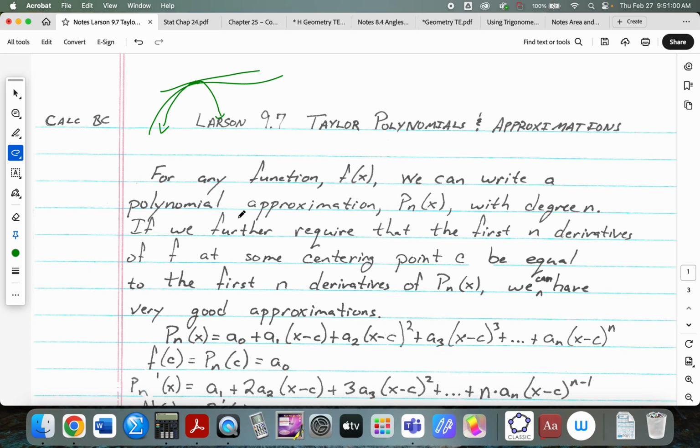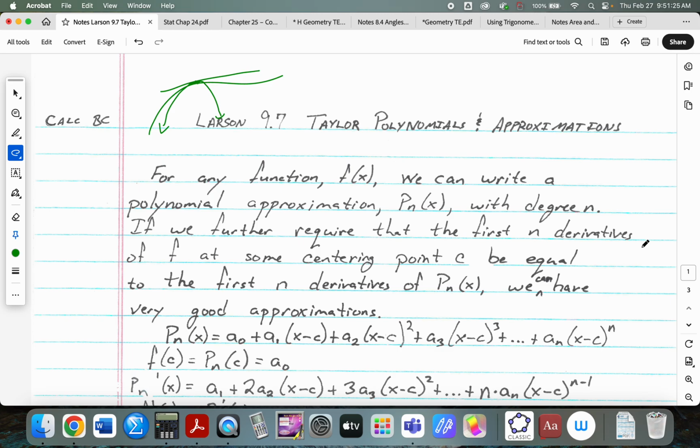All right, so for any function f of x, we can write a polynomial approximation p sub n of x with degree n. So this would be like the 5th degree polynomial, or the 17th degree polynomial would be n. Now, how do you make it to where it's good? Because you could write one, but it's like, well, yeah, it kind of goes through that.